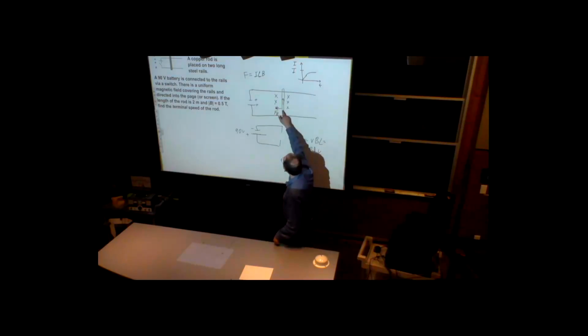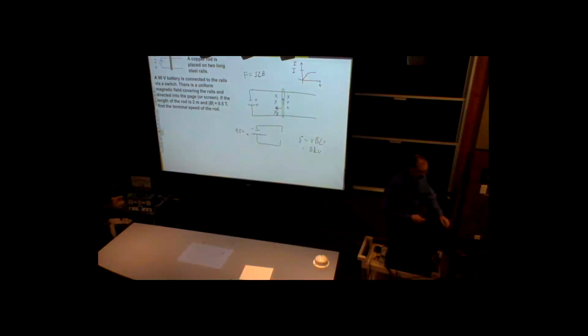So if I had any positive charge here, that would be moved with the rod to the right, and the magnetic field acting on that positive charge would make it move down. So this end would become positive, that end would become negative. So the second battery, fictional battery, motional battery, would be connected in order to cancel the EMF of the external battery.